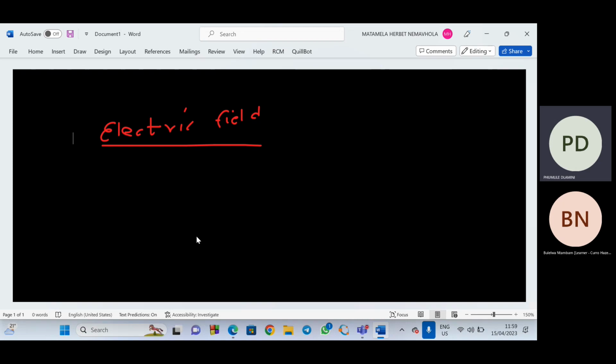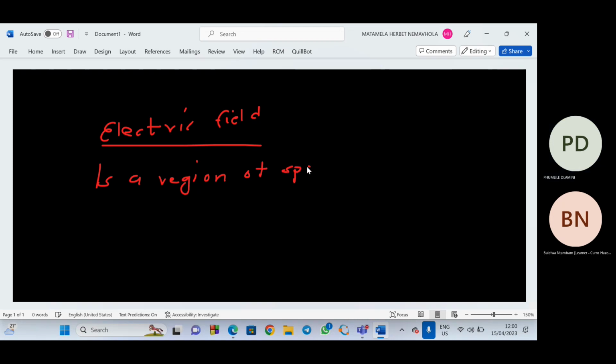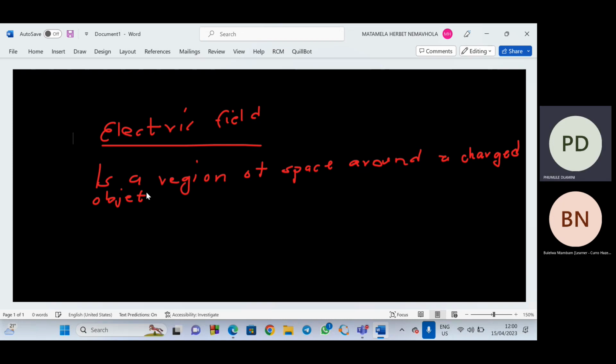So the definition that I'm going to give you is: it's a region of space around a charged object.